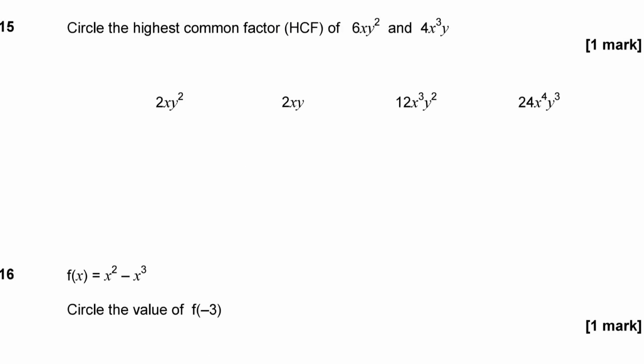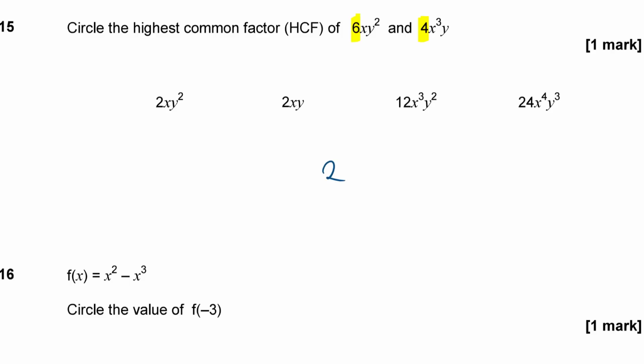Question 15. Circle the highest common factor, HCF, of 6xy squared and 4x cubed y. Okay, so the highest common factor is going to be all the factors of those various components. What is the highest factor of 6 and 4? That is going to be 2.